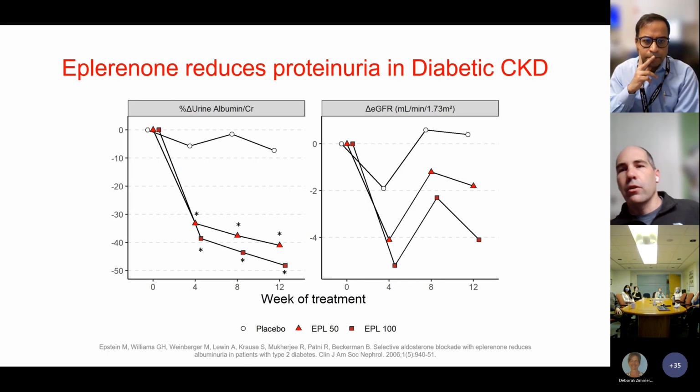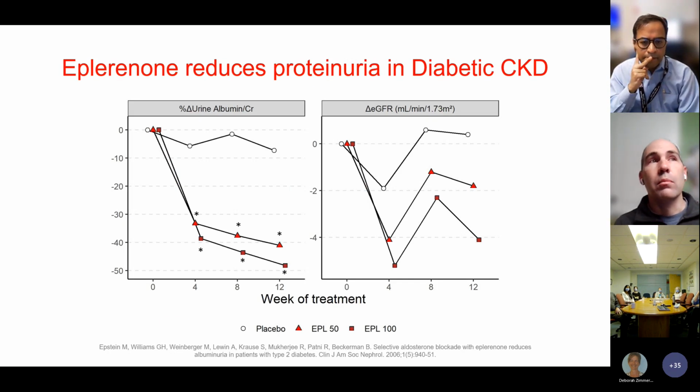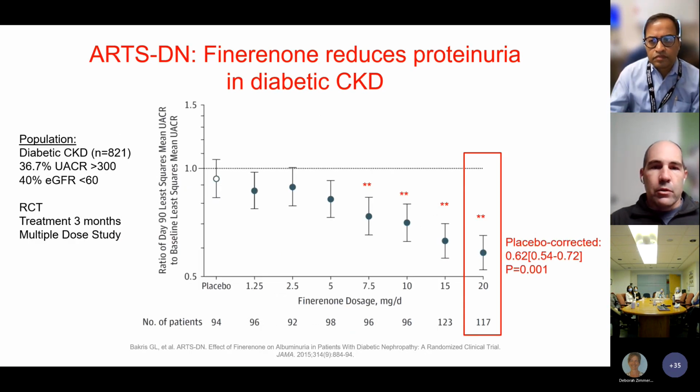All right, there are other studies with eplerenone that also are convincing as far as albuminuria. But just like spironolactone, there are no studies that show prevention of CKD progression to ESRD or doubling of creatinine or some of the more traditional kidney outcomes. So that's where I think finerenone holds the edge, or at least has the evidence.